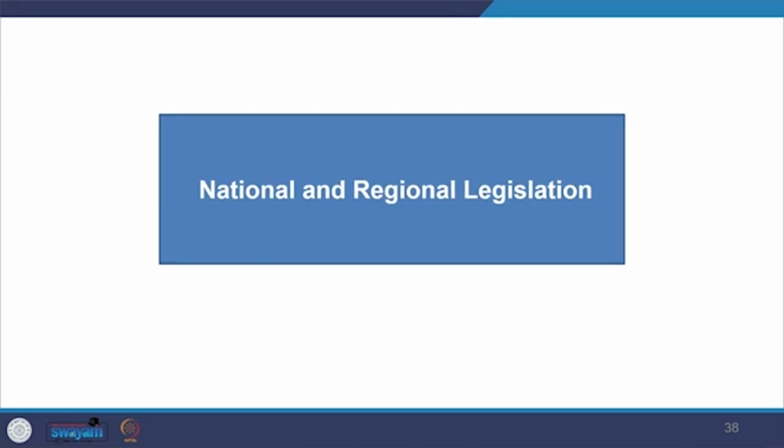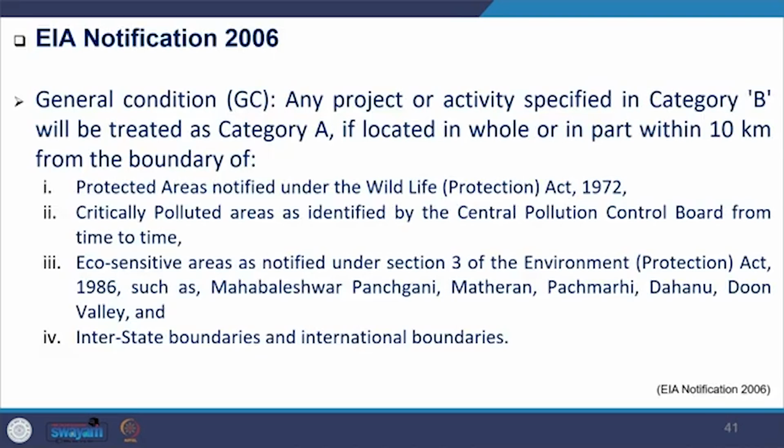Now looking at the national and regional legislation, most countries have passed national level environmental assessment legislation, so even we have done that. It requires conservation of ecology and biodiversity in the process of doing EIA. So whenever the country has signed an agreement, it has to be translated into the EIA process.